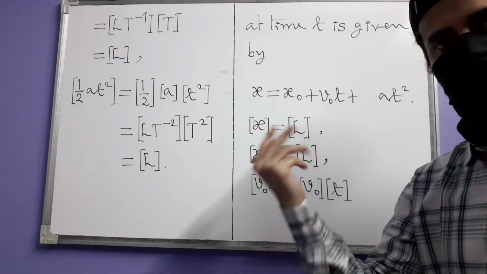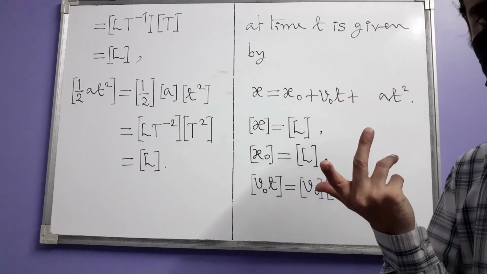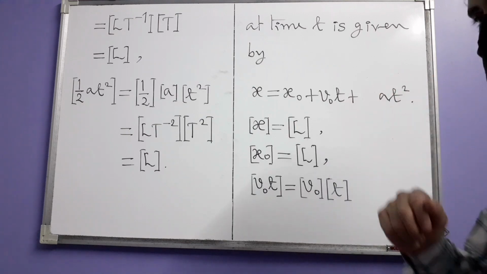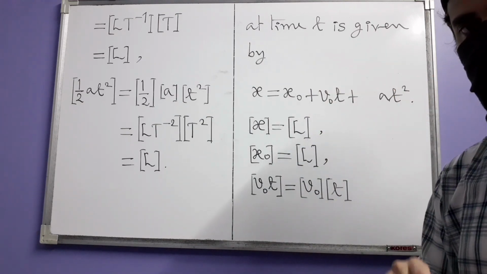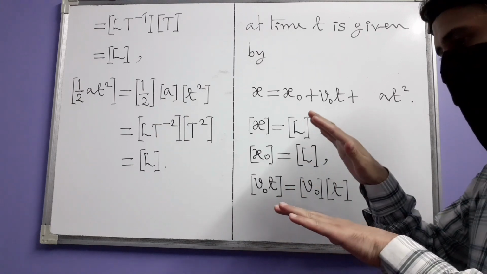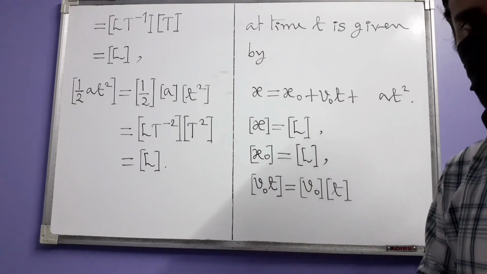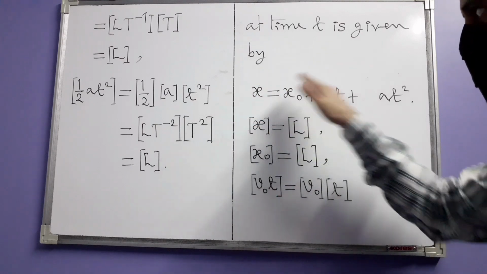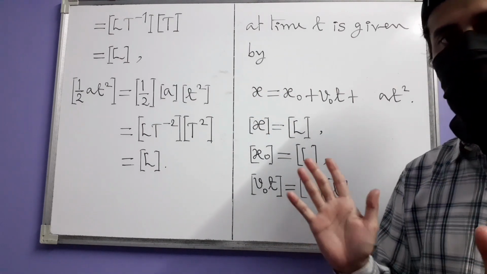Still we have the dimension of length on both sides, but maybe this equation is not true, who knows. Maybe the original one is true, or maybe this one is true and the original one is false. That's why only dimensional consistency won't tell you if the equation is true. But if we had different dimensions on both sides, then you can say for sure the equation is false.